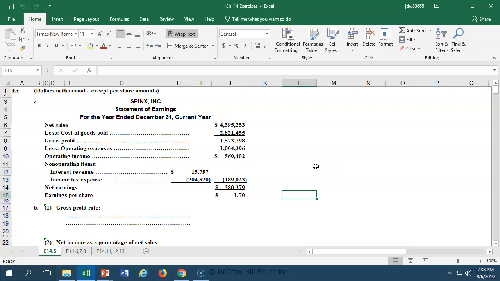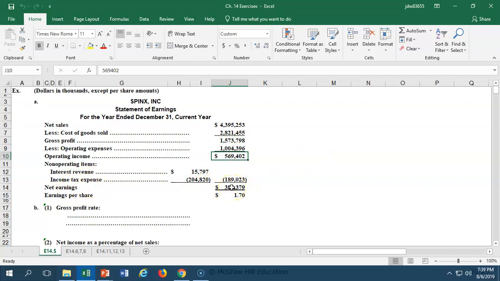In the textbook, it just gives line items. It didn't format it in this multiple step format. Multiple step format is where you're calculating the gross profit, and then it has operating income and then these non-operating items.